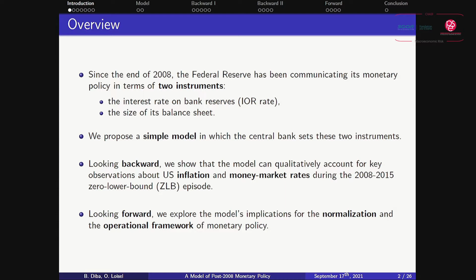And then we are going to look forward in time, to explore the model's implications for the pending normalization of monetary policy and the future operational framework of monetary policy.